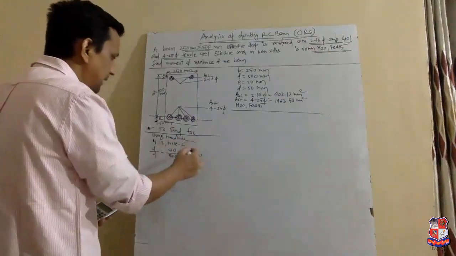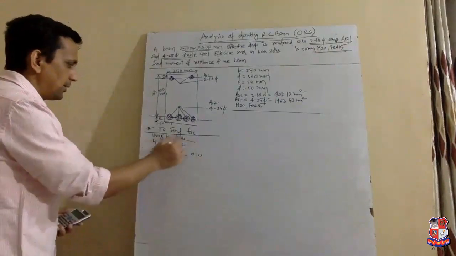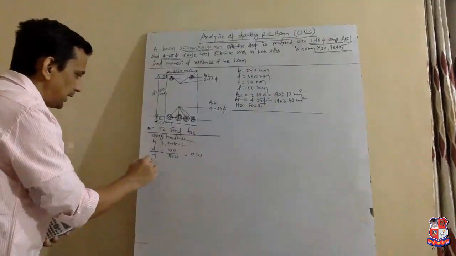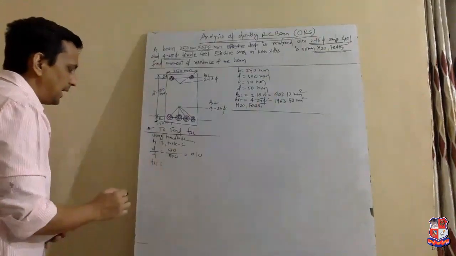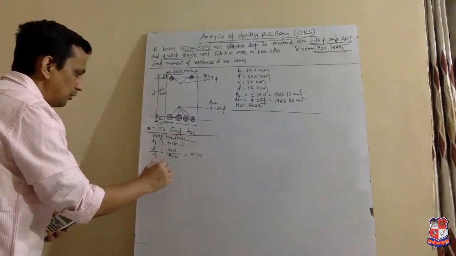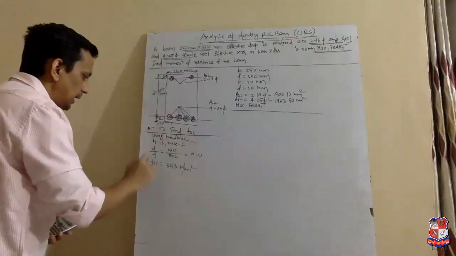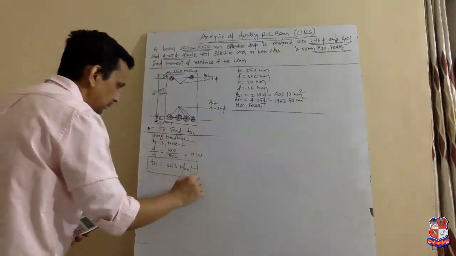Using d dash by d equal to 0.10 from table F, and for Fe 415 grade steel, we get directly the FSC value 353 Newton per mm square. Right?